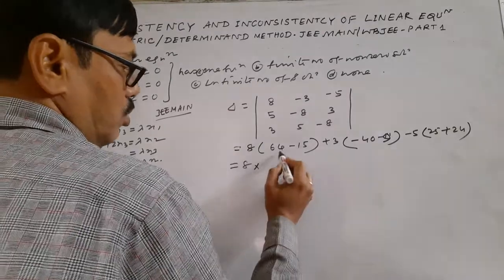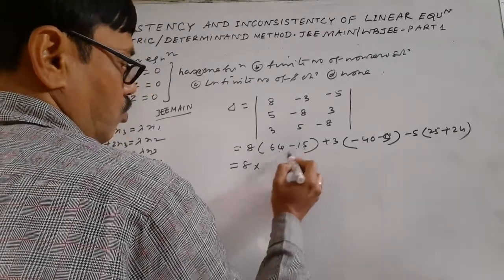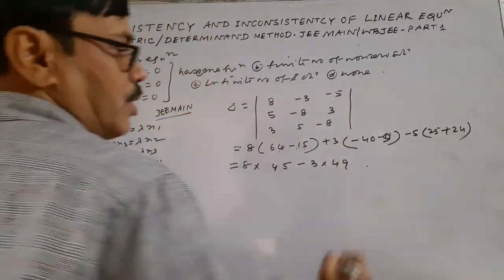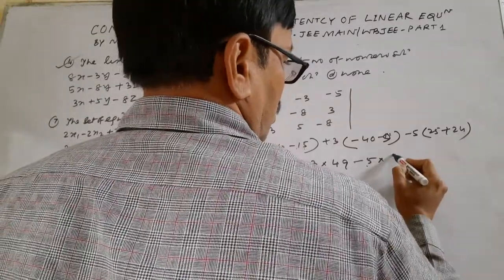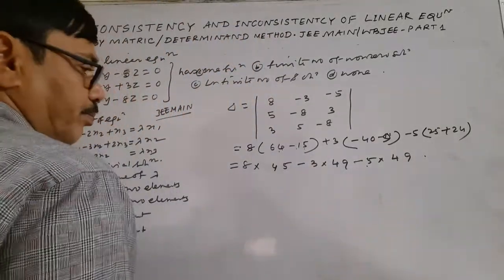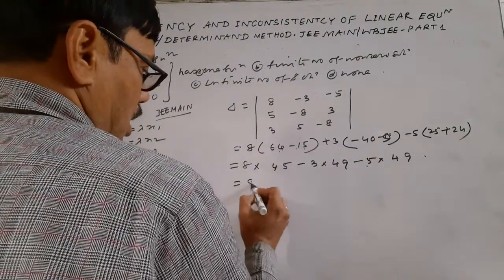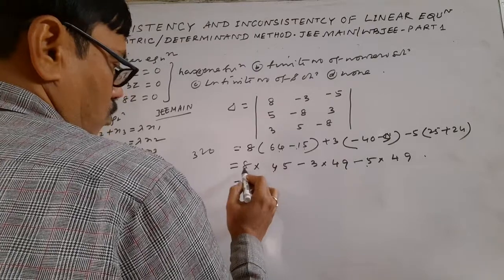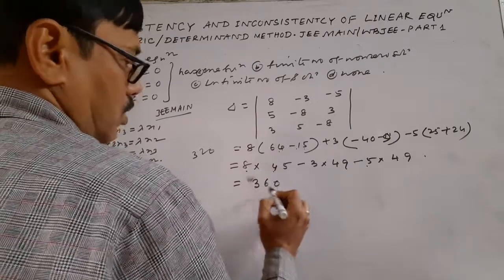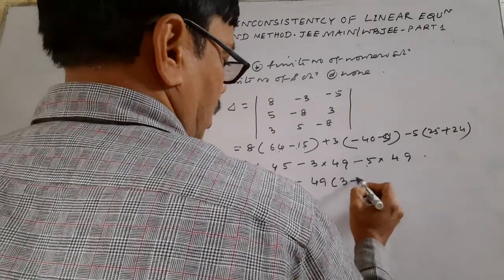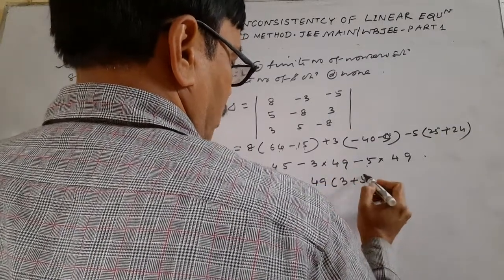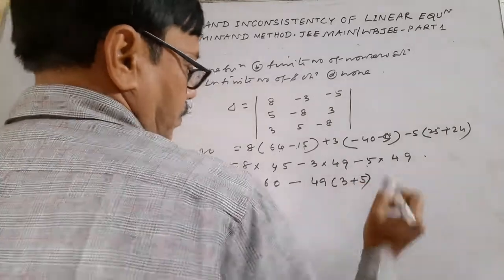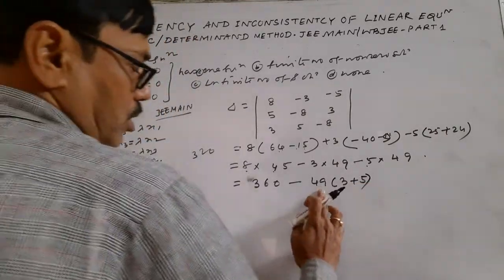So 8 into 45, 3 into 40, so 360, minus 49 common, 3 plus 5.